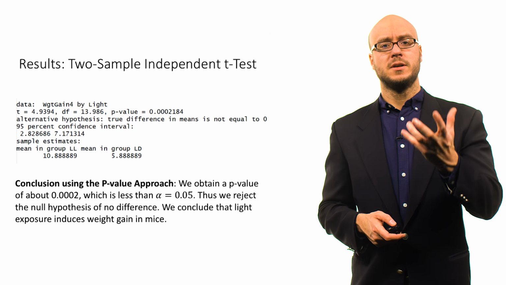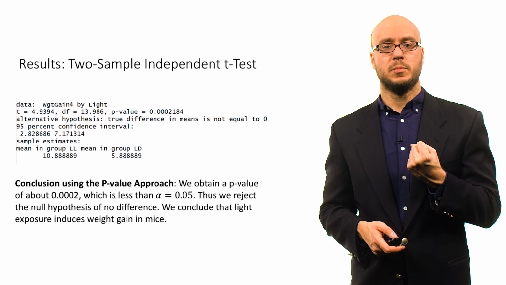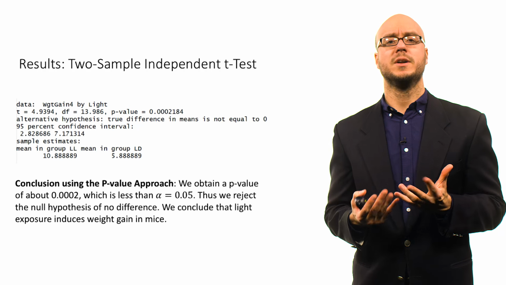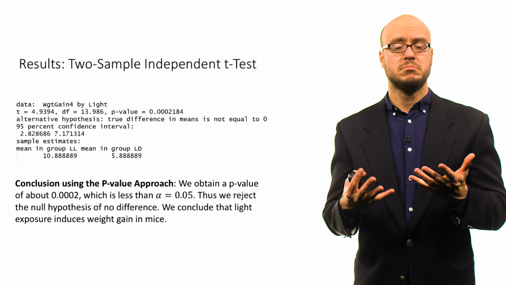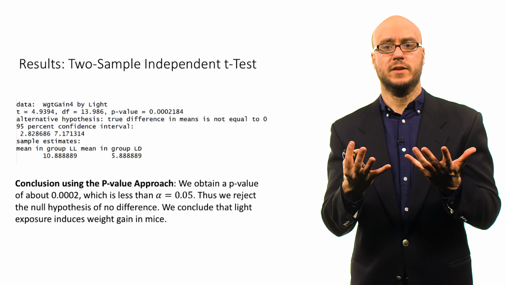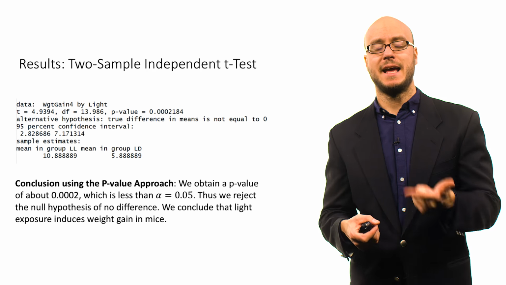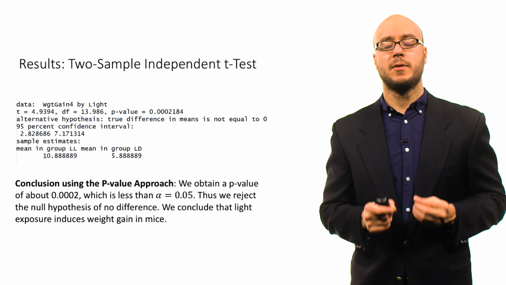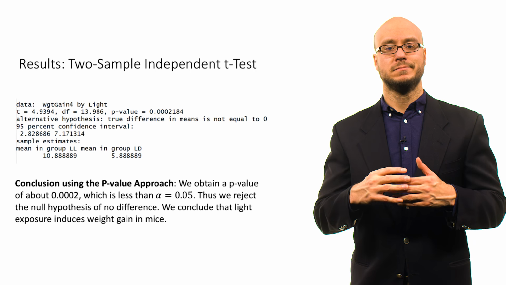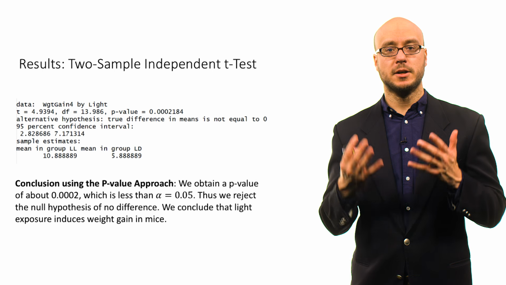We can also use a p-value, a probability value approach. This is usually more common in the published literature, but they're equivalent. Often a lot of researchers will report the test statistics and the p-values. We obtain a probability or p-value of about 0.0002.